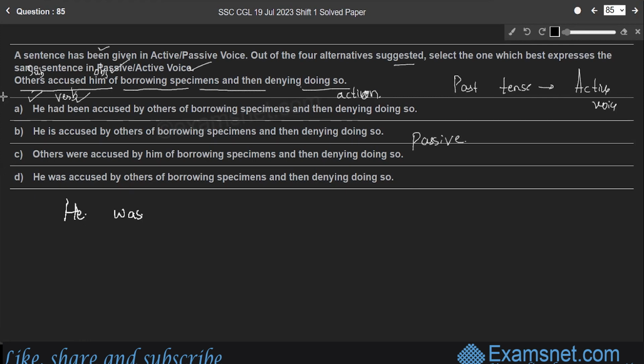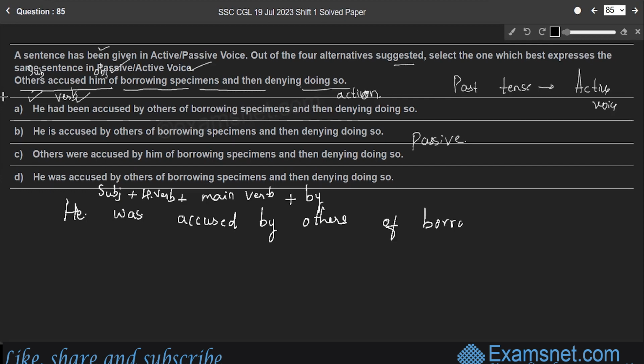He was, right? So here the format is subject, helping verb, followed by main verb, right? So here the main verb is accused. So he was accused, then follow the format by others. He was accused by others. Then comes the action: of borrowing specimens and then denying doing so, right? So he was accused by others of borrowing specimens.